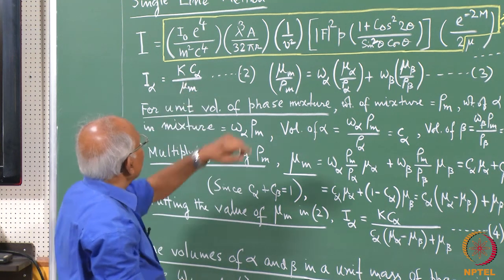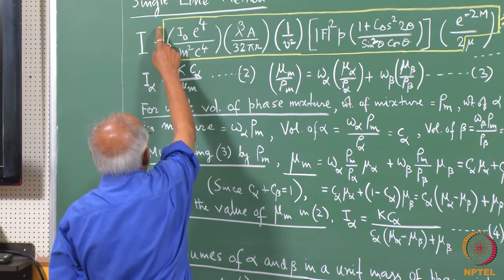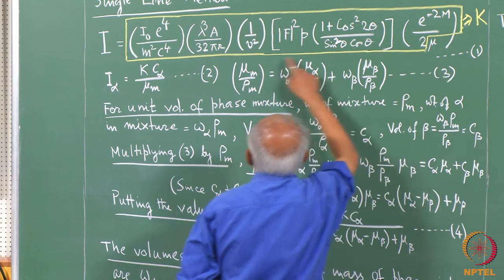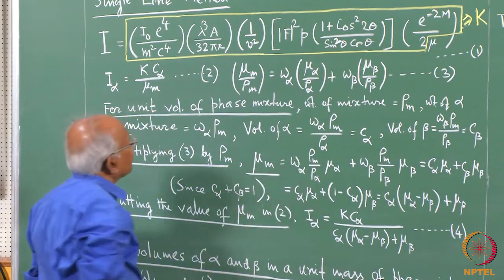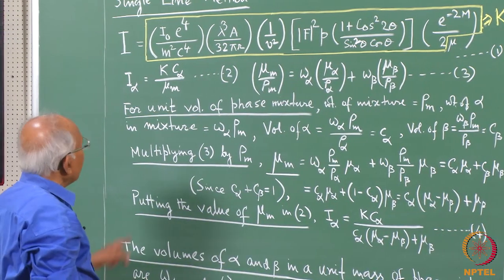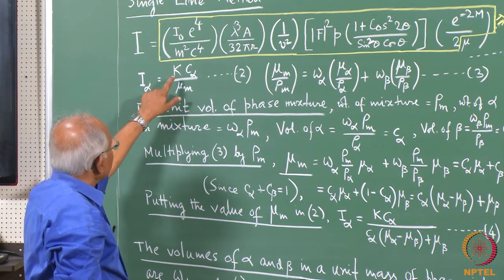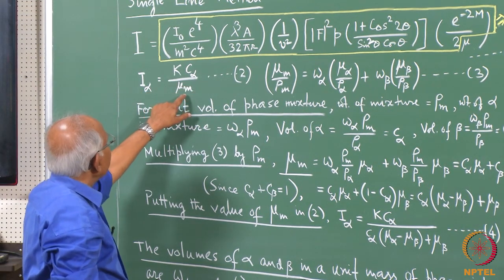Now, in this expression, the whole term shown by this yellow chalk is a constant for that particular line. Therefore, we can write it as k, a constant, and this will be multiplied by C alpha by mu m.